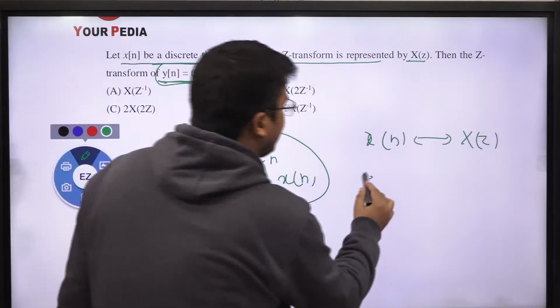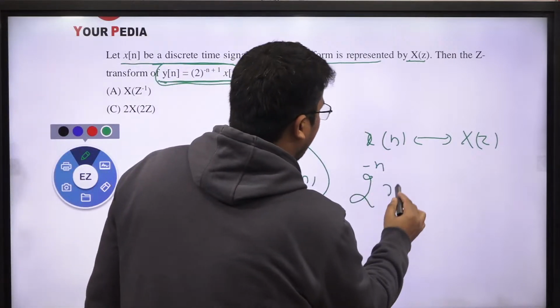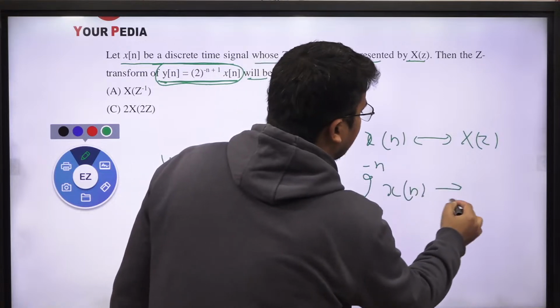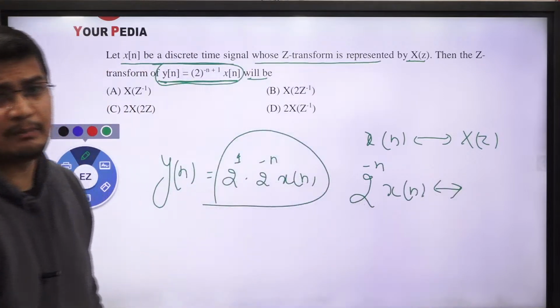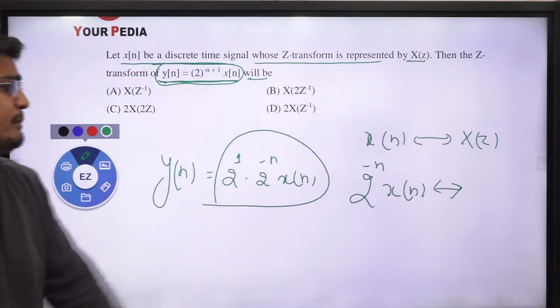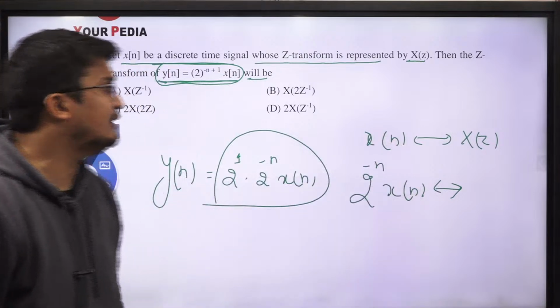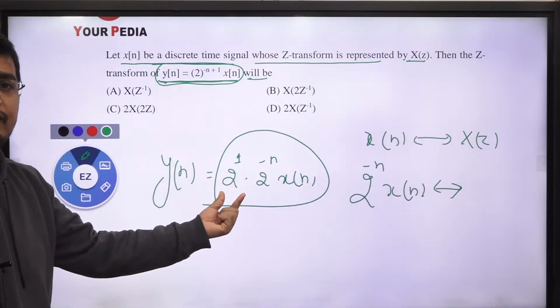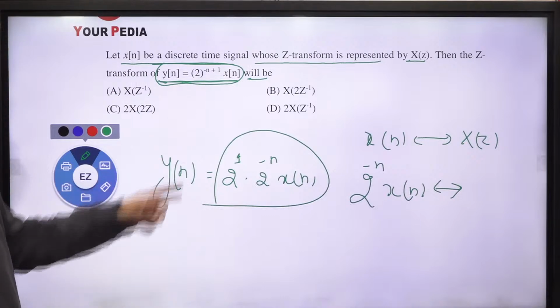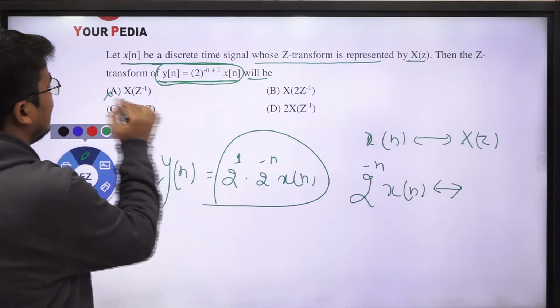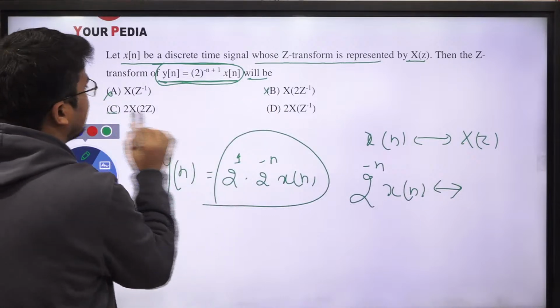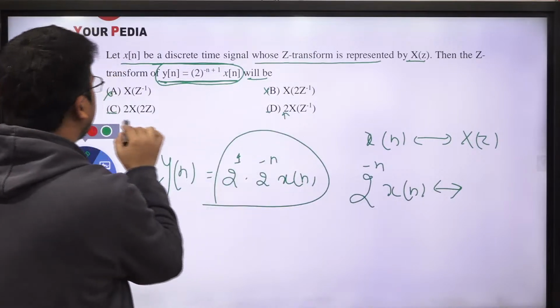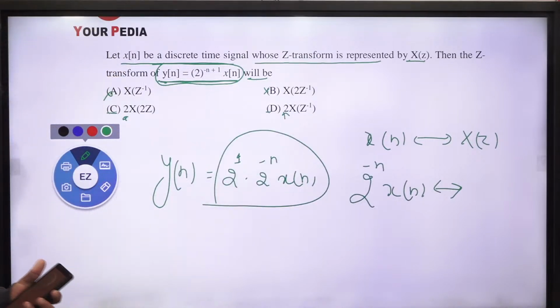Then what will be 2 raised to minus n times x of n? Can we use some property? Yes, there are lots of properties of z transform. Those properties can be utilized, and I can calculate the value in terms of x of z and then multiply the factor with 2 itself. You can see in all the options, this is not an option, this is not an option. We have C option, D option, because here 2 is multiplied. So tell me what will be the answer for this.